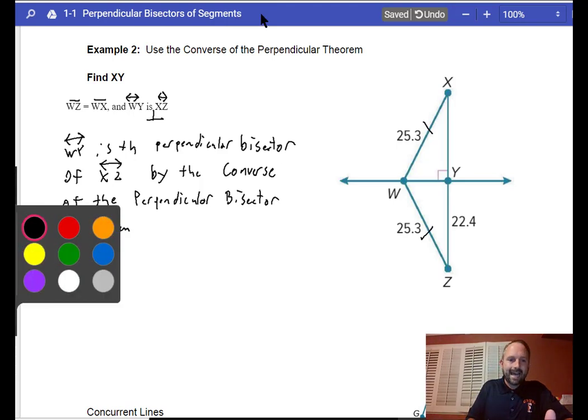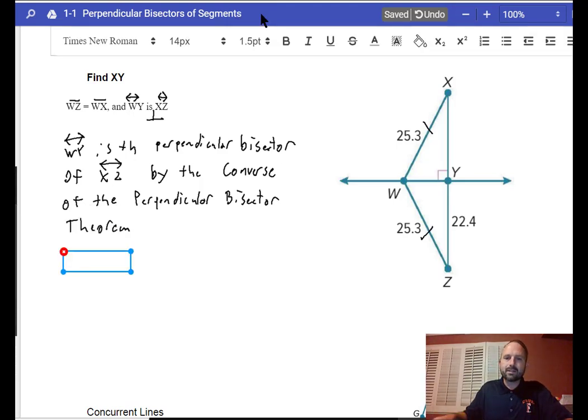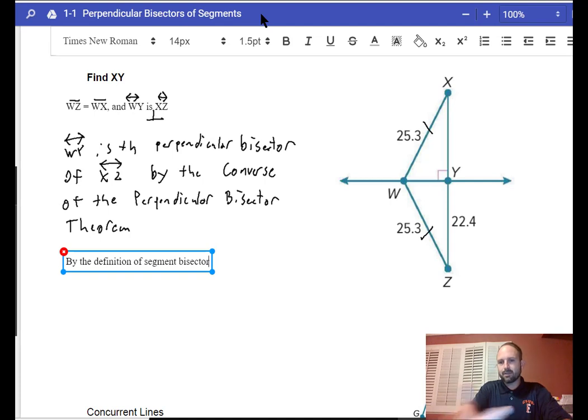So using that logic, we can say, by the definition of segment bisector, because WY is a segment bisector, it's bisecting XZ, we understand that ZY is equal to XY.